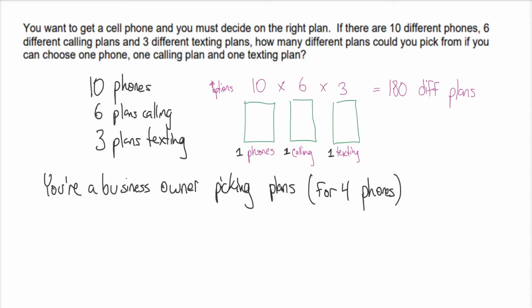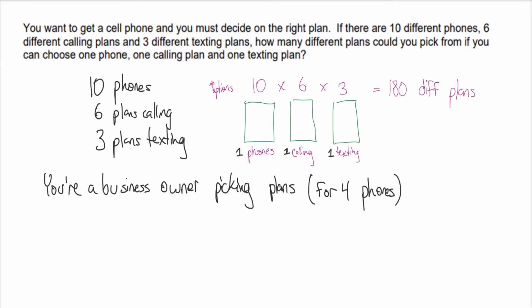To make this a little bit more challenging, rather than just picking one phone, one type of calling, one type of texting with each of them, right? Because then it will just be kind of like 180 different options for each, right?